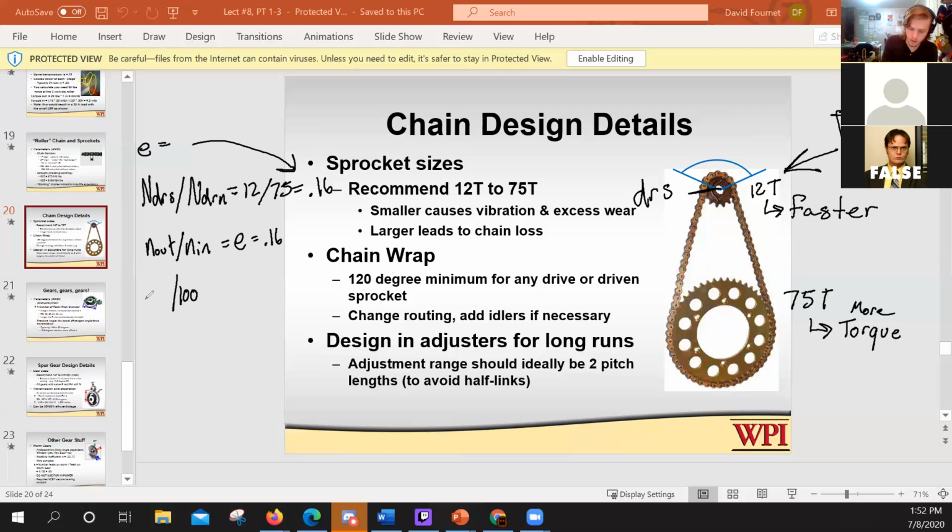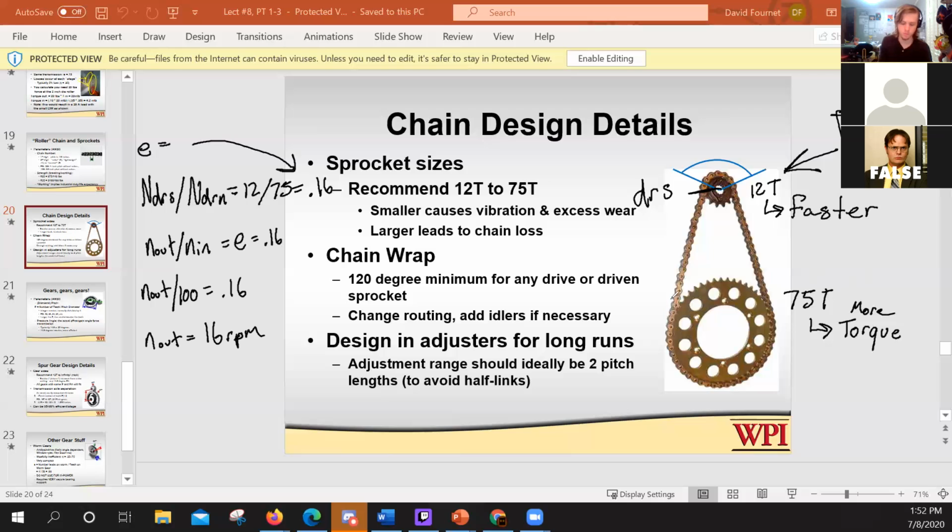So we can put that at the bottom, and then speed out is up here, and that equals 0.16, right? So basically what we can say is if we know the number of teeth on both gears, and we know whatever speed is going into it, then we can find our speed out, right? So we'll just multiply by 100 because that's on the bottom, and we can determine that our speed out is going to equal 16 RPM, which, if you notice, is significantly slower than the smaller gear.